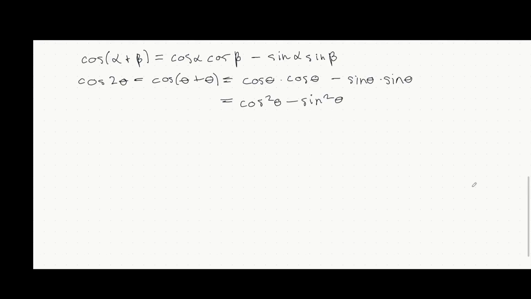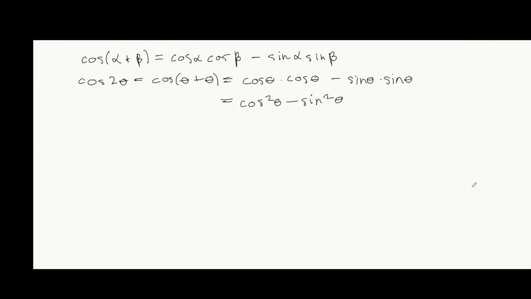Okay, so for the power reduction formulas, we're actually going to use this cosine double angle formula. So if we want sine squared theta, then we need to extract that from this formula. So we have sine squared in the formula, but we also have cosine squared, and we don't want a power of 2.